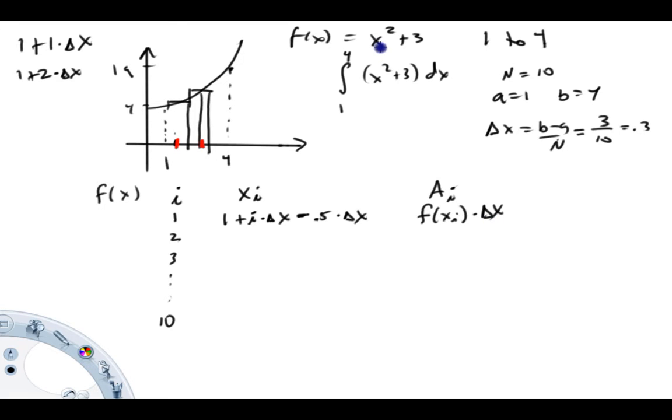Since f of x is x squared plus 3, I could actually write x sub i squared plus 3 in place of this, times delta x. So the idea here is, for every i value, go through and calculate an x sub i, calculate an A sub i, an area for that rectangle, and add them all up.